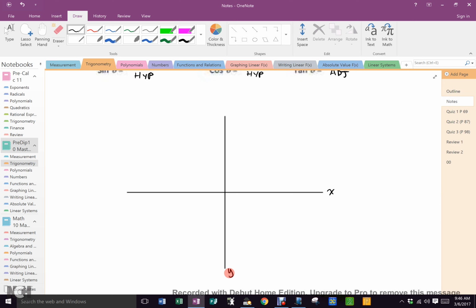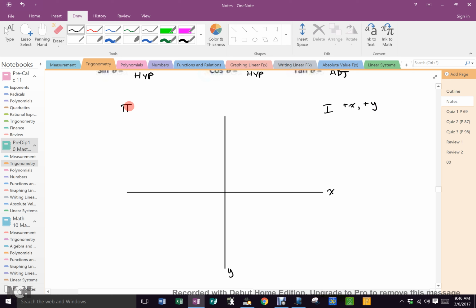Quadrants. Absolutely right. This is quadrant 1, and in quadrant 1, every x value is positive and every y value is positive. Everybody gets that, yeah? Okay.